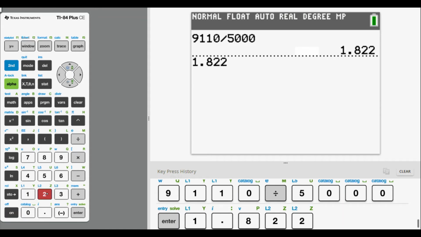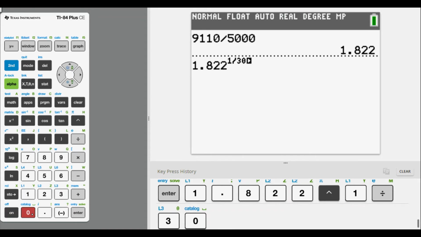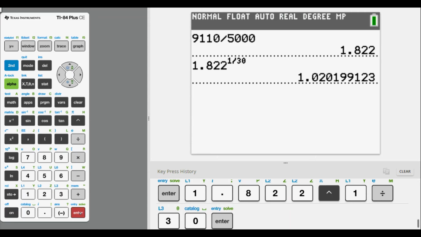1.822. All right, and so now we're going to raise both sides to the 1 over 30. 1 divided by 30. And so now we get 1.0201991... Let me double check to make sure I got this right.